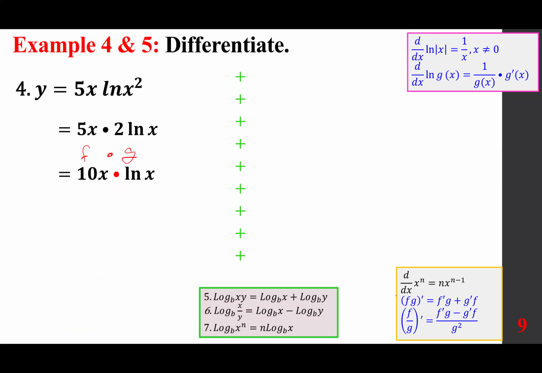F times g requires the product rule. So we get f prime, which is 10, times g, which is ln x, plus g prime, which is 1 over x, times f, which is 10x. And we are done with calculus. These two, they give us 10.